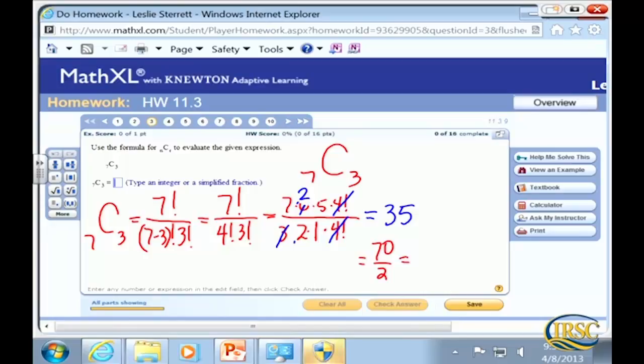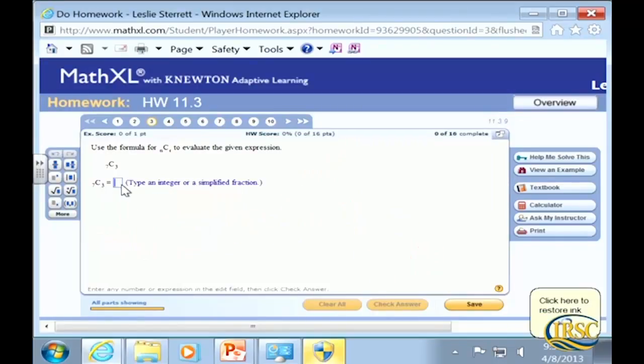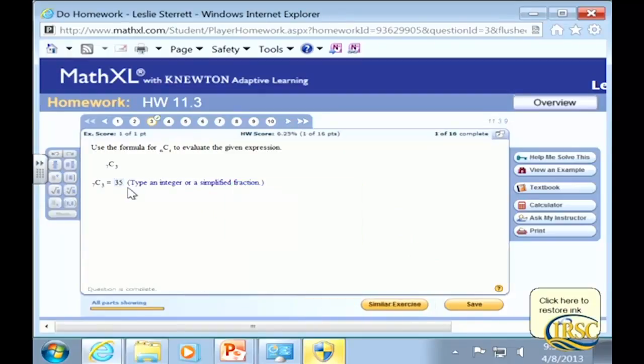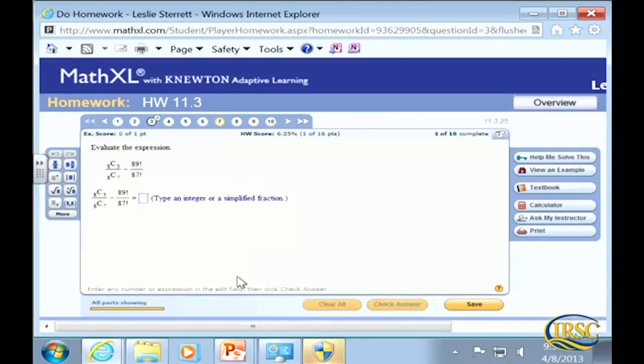So as long as everything is simplified correctly, it doesn't matter what order. Now the nice thing is, because we're only multiplying on the numerator and the denominator, and the fraction is division, multiplying and dividing is commutative as far as multiplication goes. So if you multiply first, then divide, or if you cancel first and then multiply, it all works out. We get 35. Fantastic.